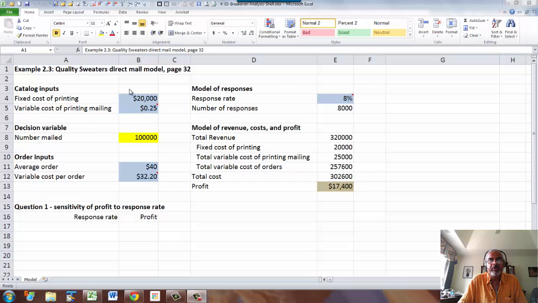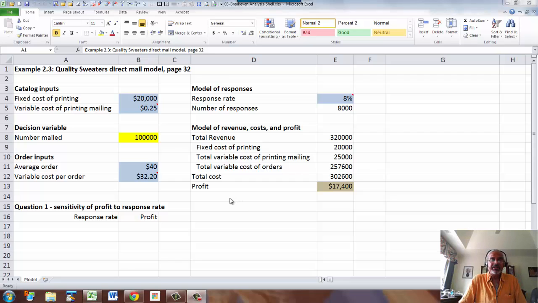Now that we have set up the model for profit with the number of catalogs to be mailed as the decision variable, the response rate, or how many of those 100,000 will respond, is an uncontrolled or independent variable.